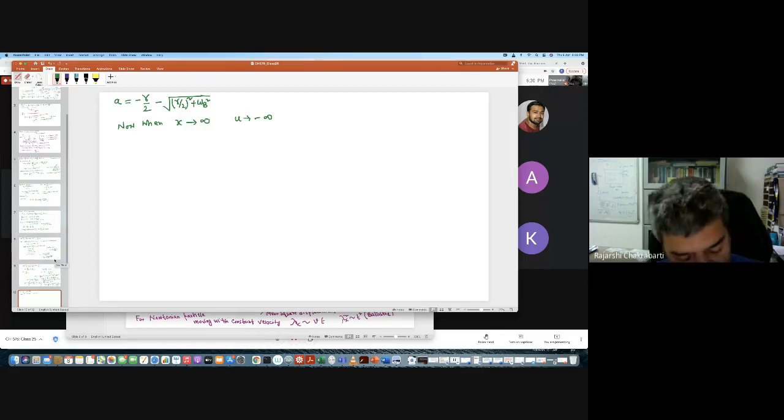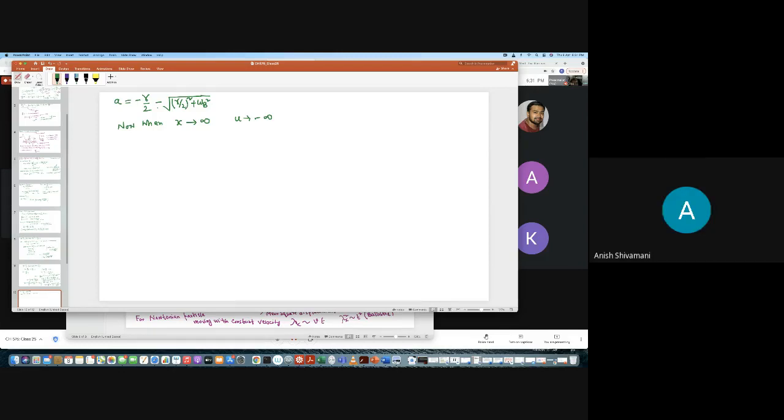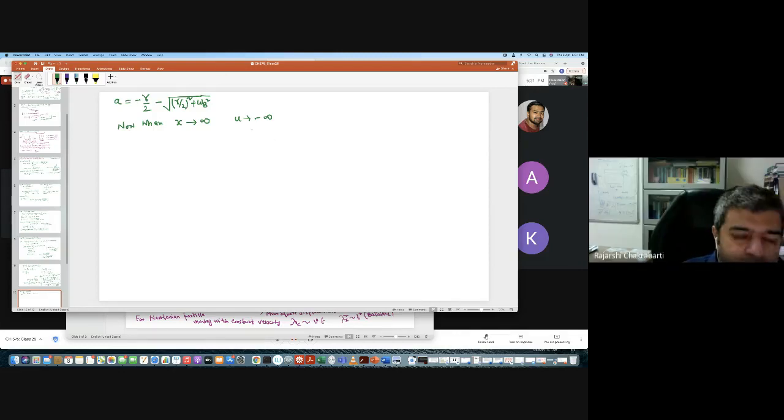Yeah, it is v. I thought if it is v, then v is minus infinity. No, if it is v, not u. Okay. No, I'm fine because your a is negative, isn't it? We have just found the negative root. Anish, that is why a is negative. It's a negative root.